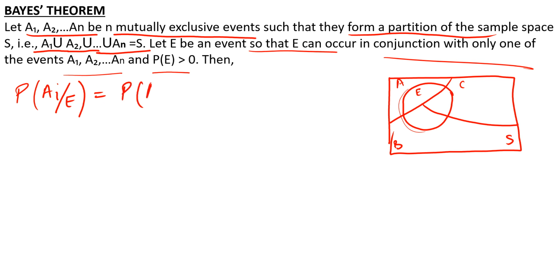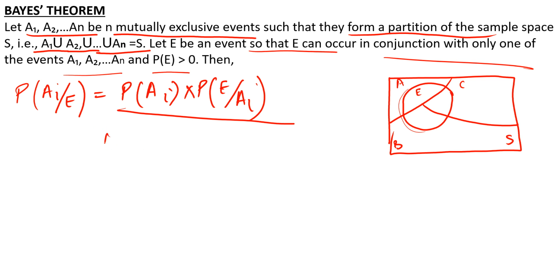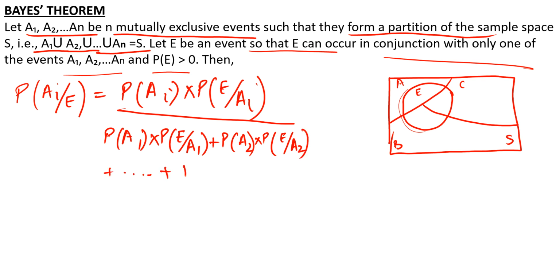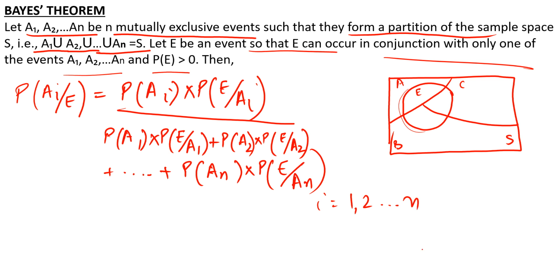So this is probability of Ai into probability of event E given Ai has already occurred, upon probability of A1 into probability of event E given A1 has already occurred, plus probability of A2 into probability of event E given A2 has already occurred, plus so on till probability of An into probability of event E given An has already occurred. So this is our Bayes theorem, where i ranges from 1, 2 till n.